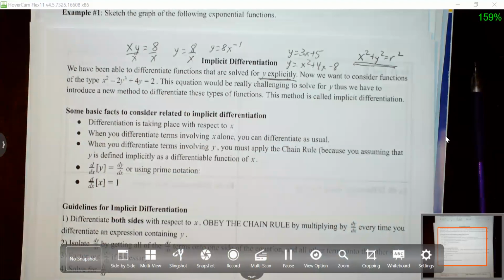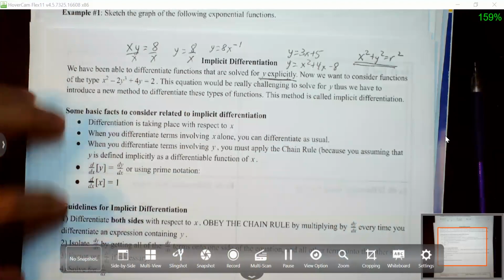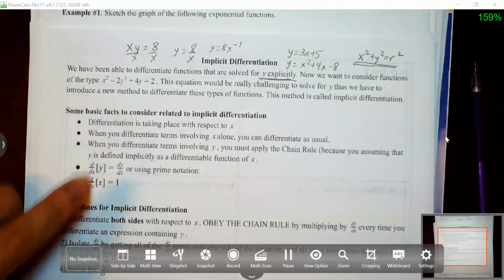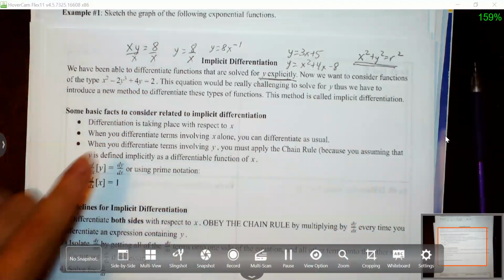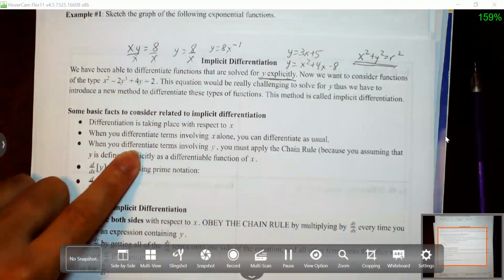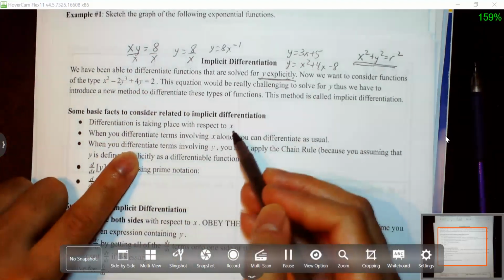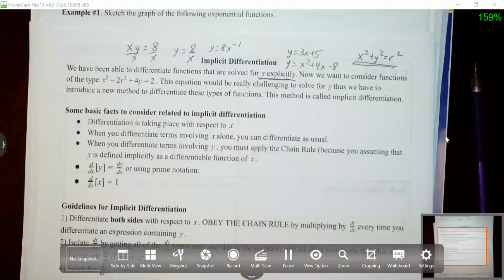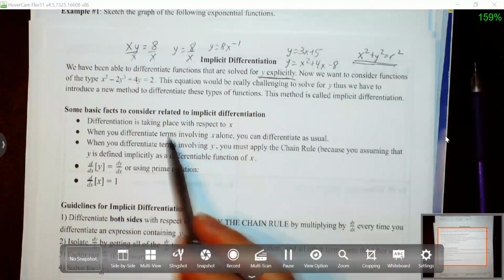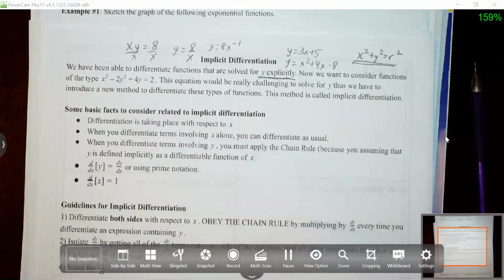Okay, so here are some things to consider when we are doing implicit differentiation. Even though we have two variables, differentiation is always taking place with respect to x, not with respect to y. If a term only has x alone, just differentiate like you normally would.